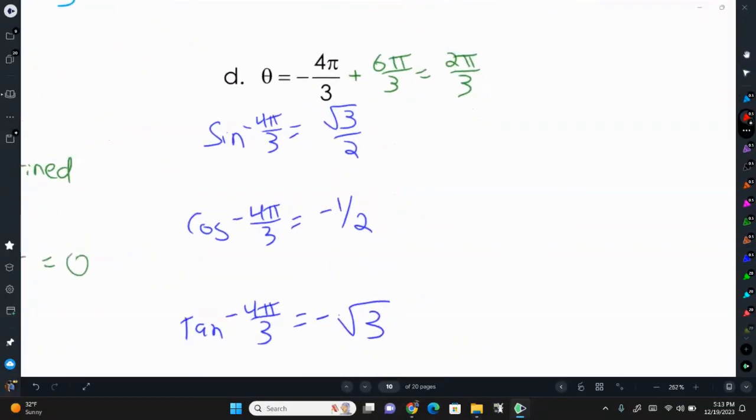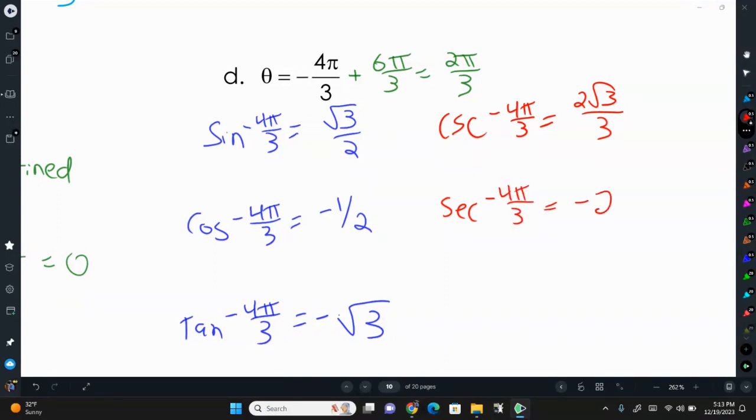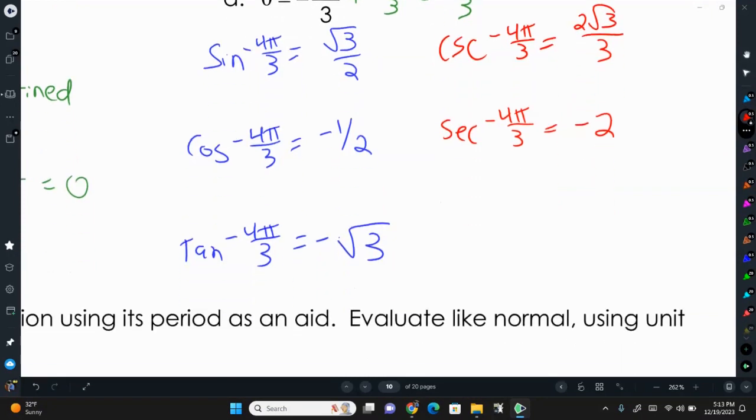So the cosecant of negative 4 pi over 3 is going to equal, we had up there, 2 square root of 3 over 3, then the secant of negative 4 pi over 3 is going to be negative 2, because we are in quadrant 2, and then the cotangent of negative 4 pi over 3 is going to be negative square root of 3 over 3.